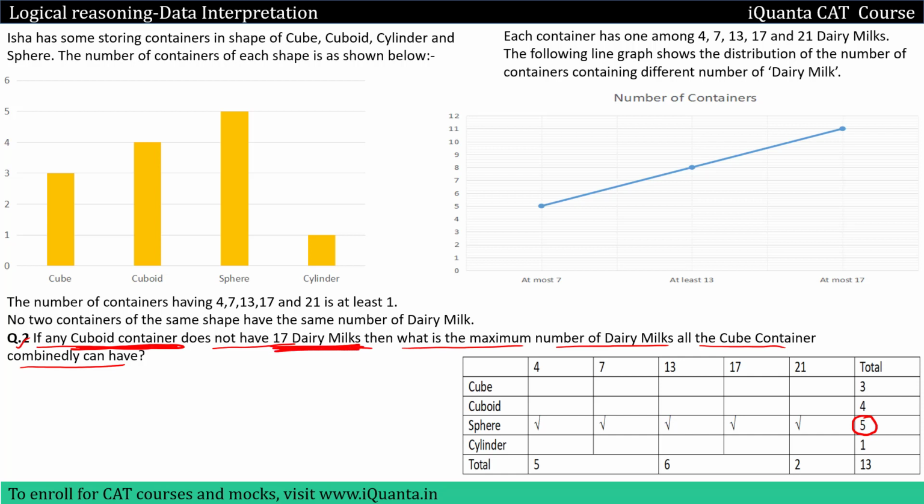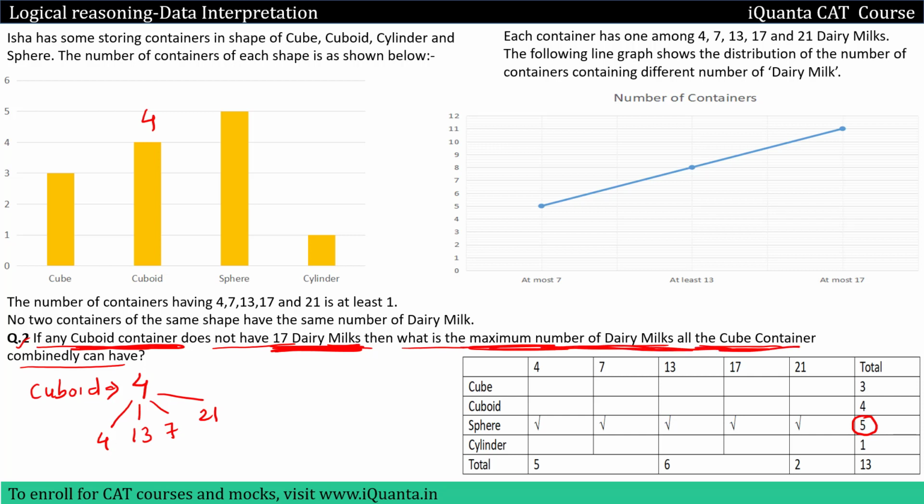So there is no cuboid container having 17 dairy milk. That means all cuboid containers, how many cuboid containers do we have? We have 4 cuboid containers. All of them will have a different number of chocolates and they cannot have 17 chocolates. So definitely one container will have 4 chocolates, one will have 13, one will have 7 and one will have 21 chocolates. Now what we are trying to do here is maximize the number of chocolates all cube containers combined can have.